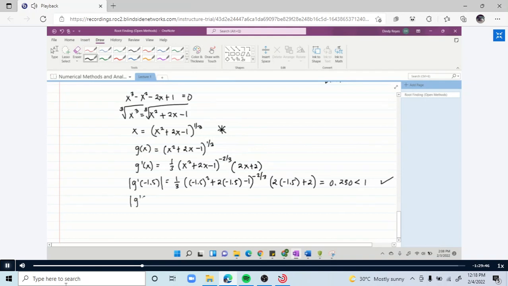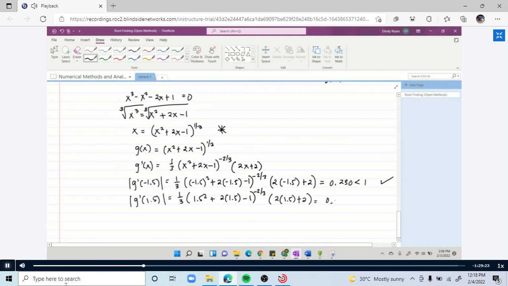And also the other positive root: what is the value of g prime when x is equal to 1.5? So again, 1/3, 1.5 squared plus 2 times 1.5 minus 1 raised to negative 2/3 times 2 times 1.5 plus 2.